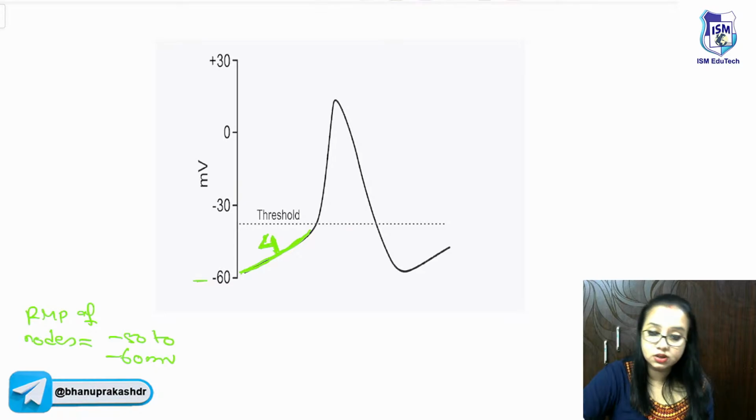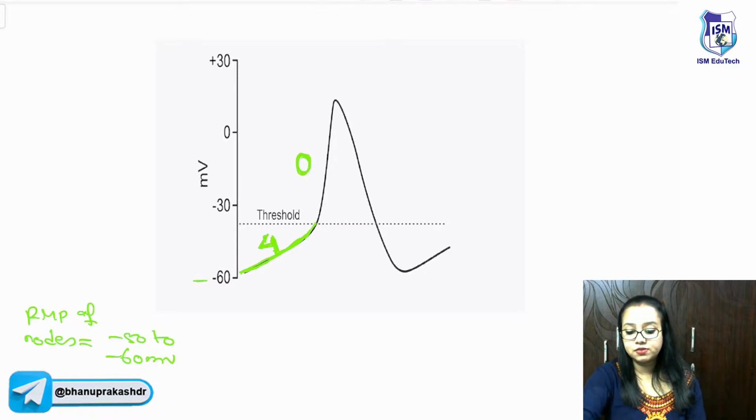Phase 4. Okay. Then the upward stroke that is above the threshold stimulus, that is called the phase 0. And there is no phase 1, there is no notch, and phase 2 and 3 are kind of merged.